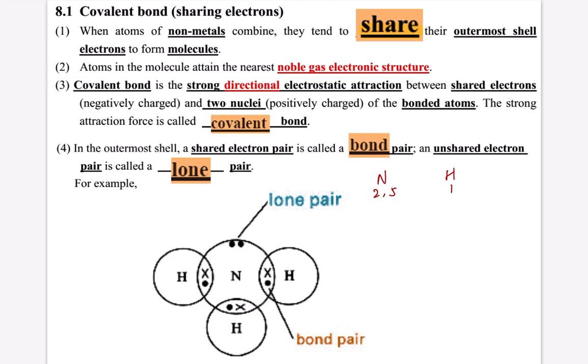So for nitrogen it needs to have 3 more electrons to become stable because it just have 5 electrons now in the outermost shell. So it needs 3 more electrons to become stable. So because it needs 3 more electrons to become stable, it will share 3 electrons.